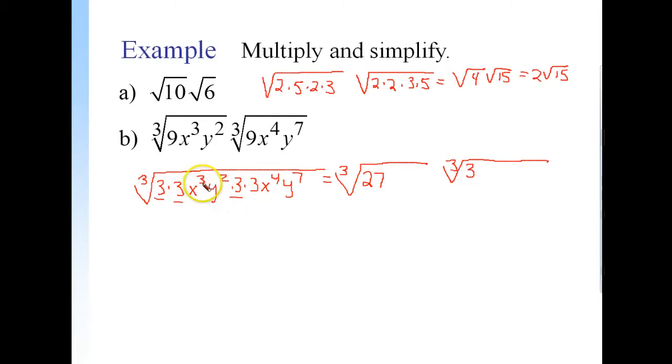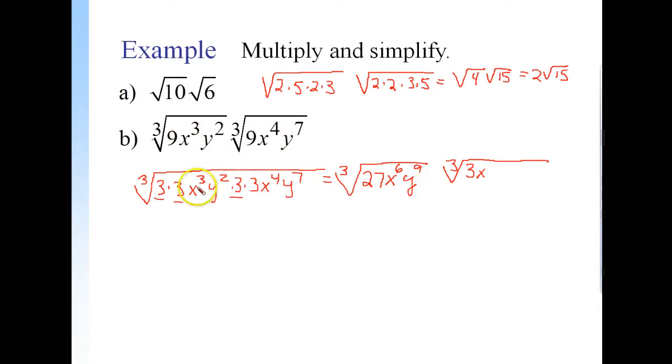Then I have x to the third, x to the fourth, which is x to the seventh. I'm going to go x to the sixth here. That's a perfect cube. And I have an x left over there. Then I have y to the second and seventh, y to the ninth. That's a perfect cube.